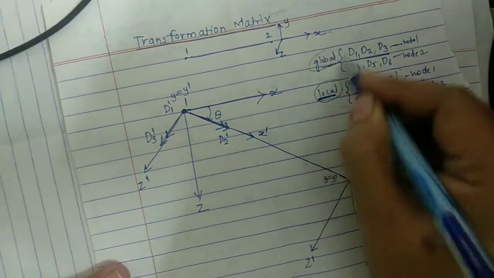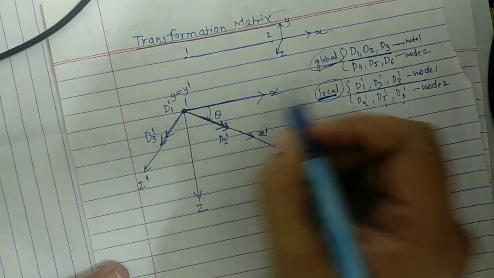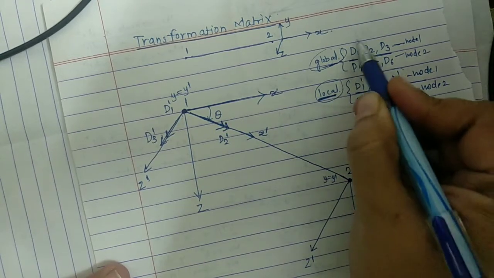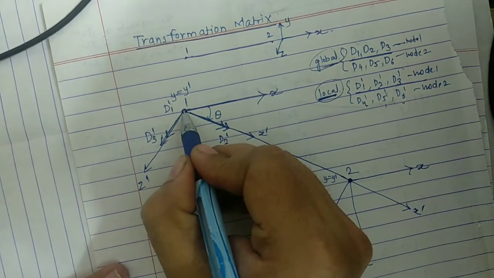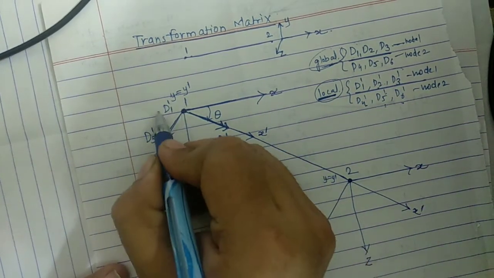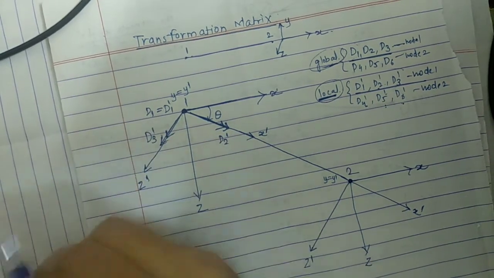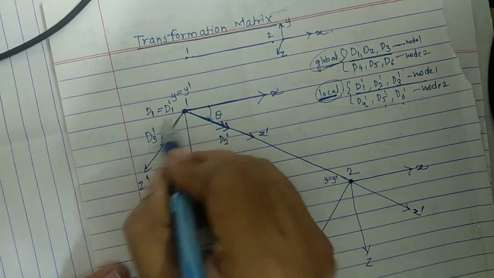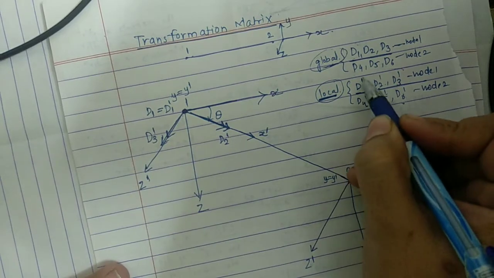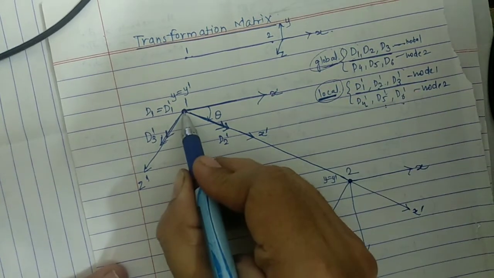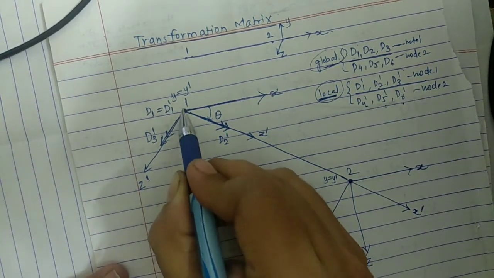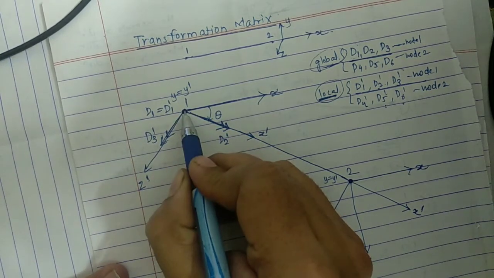Now node 1 global. First D1. D1, the same, it is at y axis in vertical direction. So D1 dash is equal to D1 itself. Both these degrees of freedom, local D1 dash and global D1, are along the same axis because both axes are the same, y dash and y.